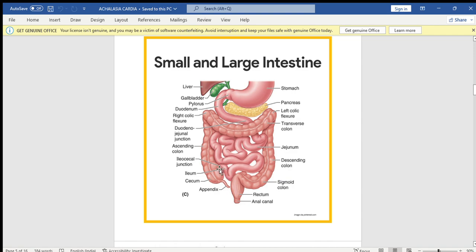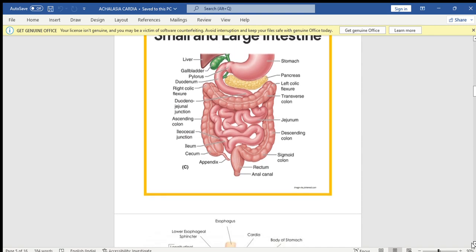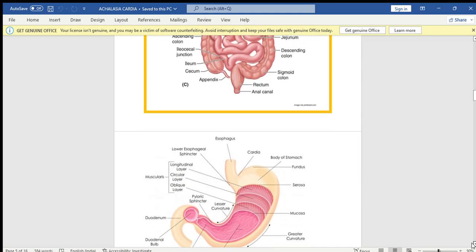Once it comes here, it goes into the large intestine, goes up all the way through the ascending colon, the transverse colon, the descending colon, up to the sigmoid colon, rectum, and then it is excreted out through the anal canal. So this is a basic diagram to help us remember how the whole process of swallowing is happening, right?